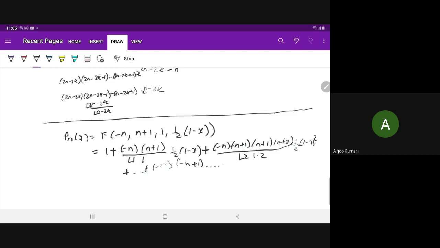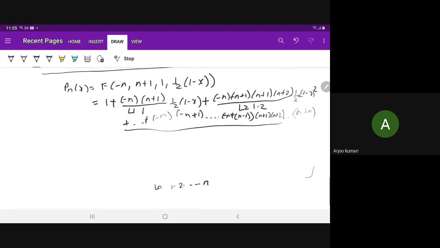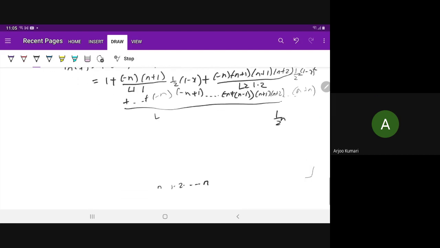It will be minus n into minus n plus 1, up to minus n plus n minus 1, times n plus 1, n plus 2, up to n plus n, upon factorial n, and 1 into 2 into dash dash dash into n, times (1 minus x) by 2 to the power n.